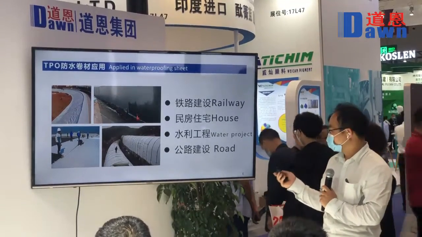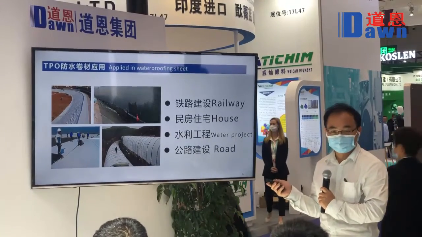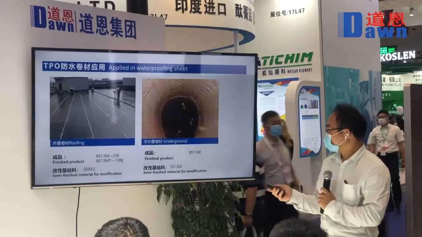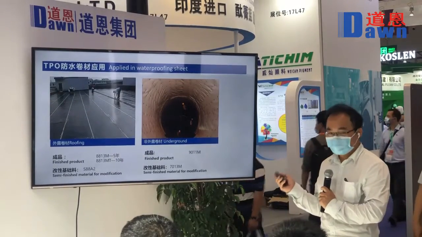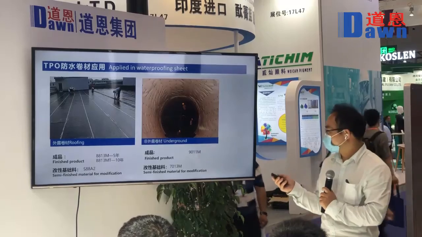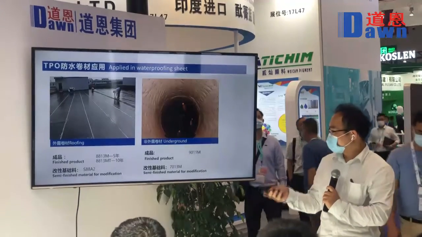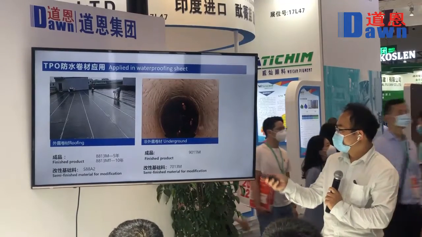There are 2 kinds, 2 grades. It also can be used for roofing. For this material, it has good property of the weather aging.